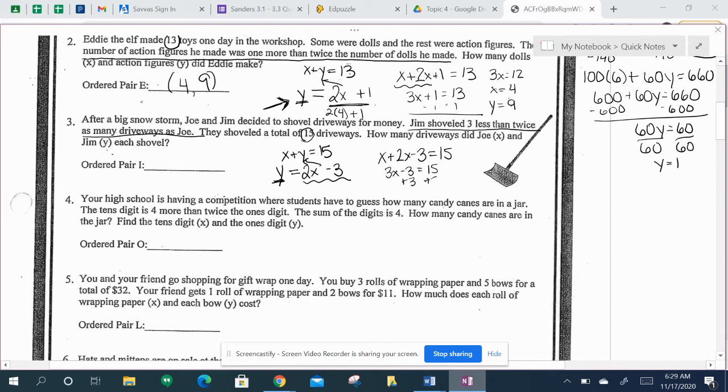Adding 3 to each side, I get 3x is equal to 18. And then dividing by 3, I get x is equal to 6. Again, coming over here to plug in to get y, I get y is equal to 2 times 6, that's 12, and 12 minus 3 is 9. So I've got the ordered pair 6, 9, labeled I.